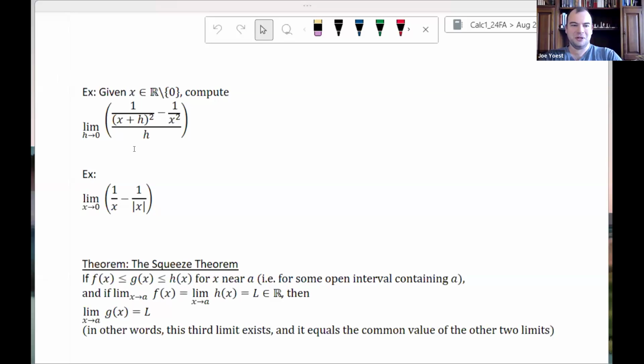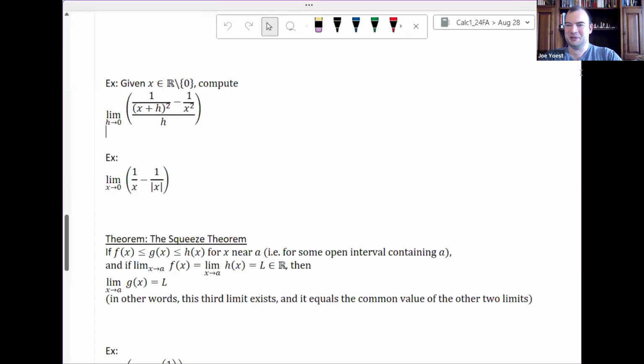Let's see. Yeah, OneNote seems to be one of the buggier Microsoft programs, which isn't saying a whole lot because Microsoft programs tend to be a bit buggy to start with.